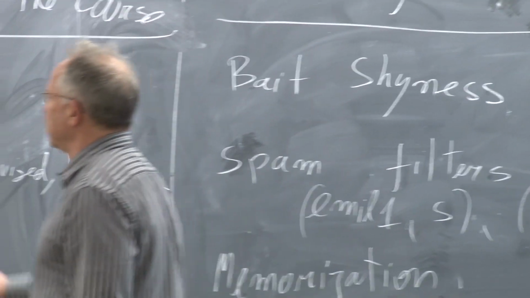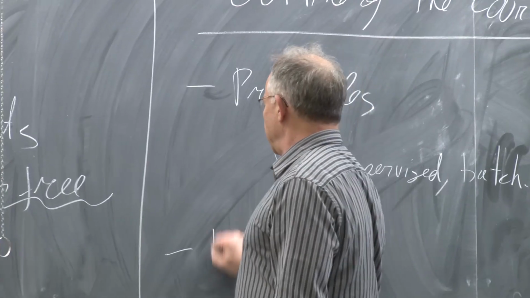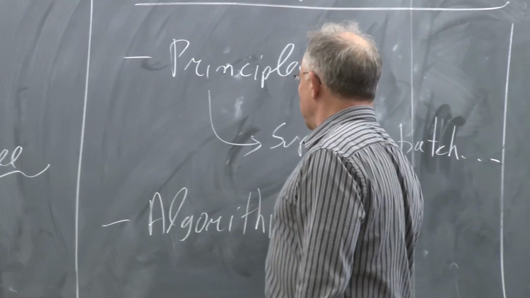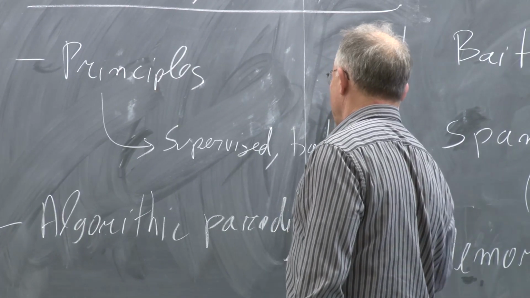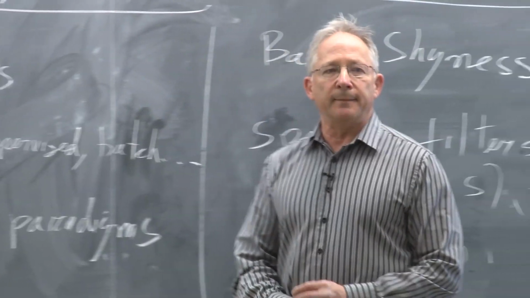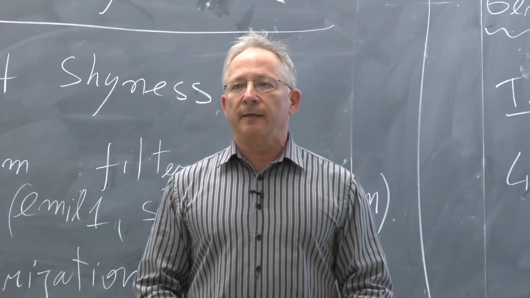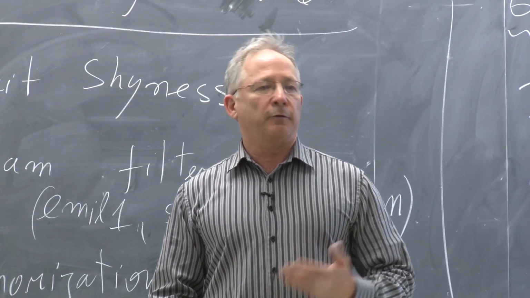Then the next phase is going to be algorithms, or let me call it algorithmic paradigms. By algorithmic paradigms, we will familiarize ourselves with some of the most important tools of the trade of machine learning.